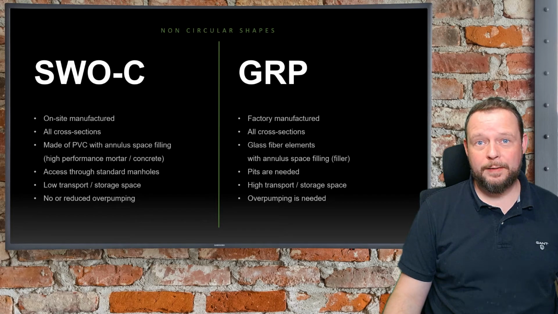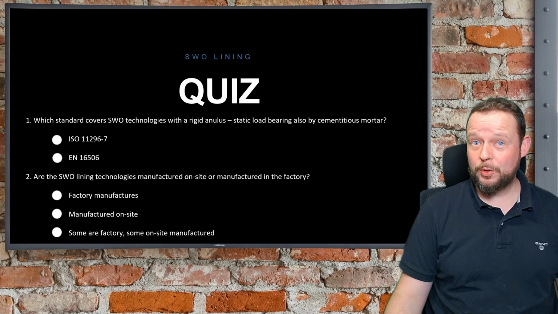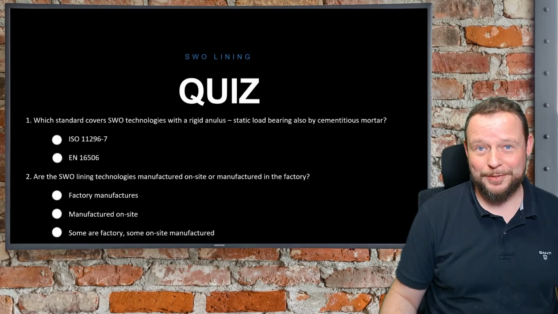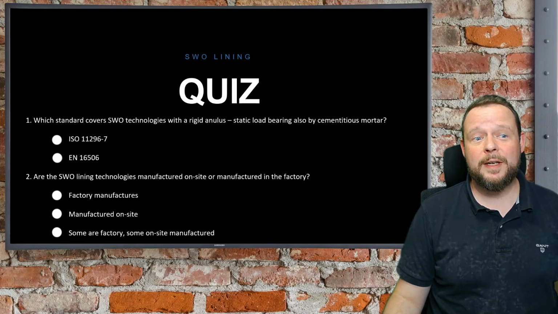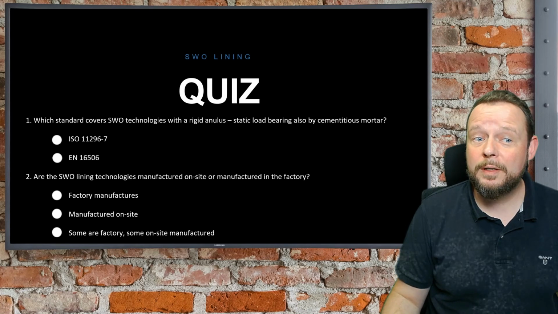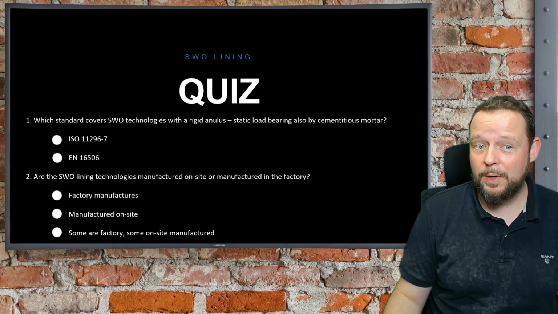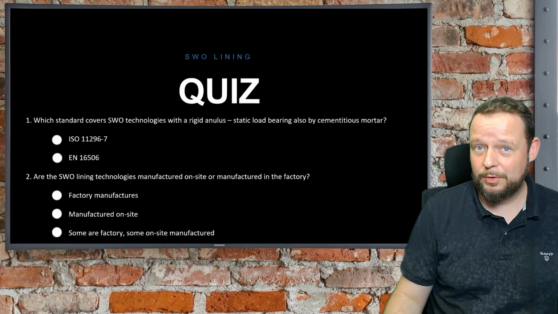Yeah, and I would like to make a little quiz with you. It's a multiple choice test. Since this is a seminar, I would like you to answer the questions given here. So the first one is, which standard covers SWO technologies with a rigid annulus, meaning static load bearing, also by the cementitious mortar or concrete?